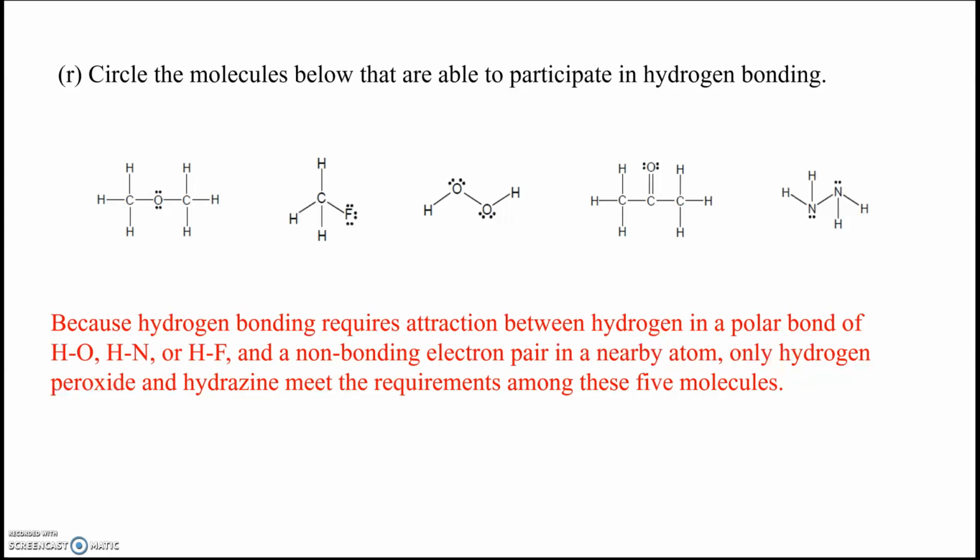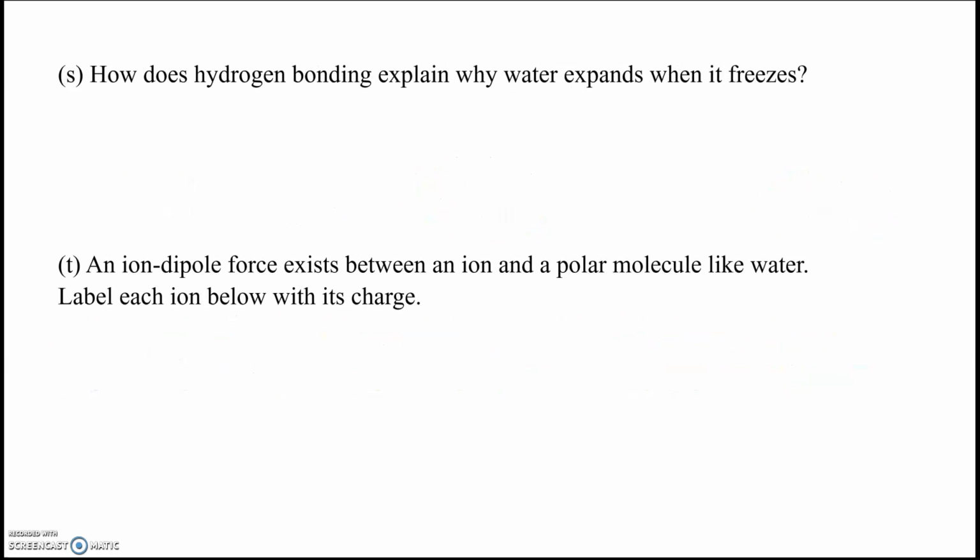And when we look at these 5 molecules, only hydrogen peroxide and hydrazine meet those requirements. So the middle one is hydrogen peroxide, and the one on the far right is hydrazine, N2H4, because these are the only ones that have hydrogen directly bonded to an oxygen, a nitrogen, or a fluorine.